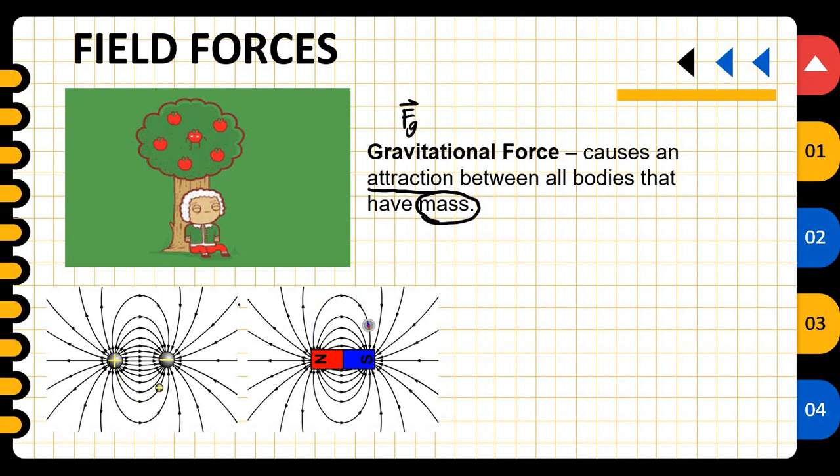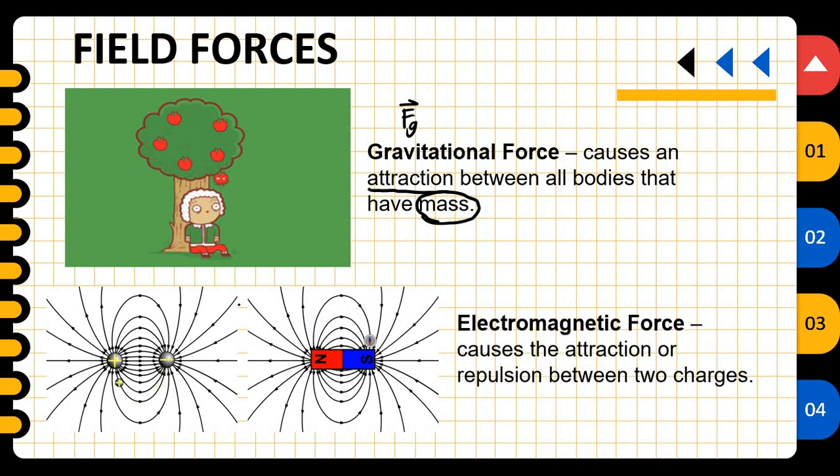Alright, now how about these two images or GIFs below? These two are an example of electromagnetic force. So if gravitational force is an attractive force, electromagnetic force is both an attractive and a repulsive force. And why do we combine the two ideas in physics, which are electricity and magnetism?